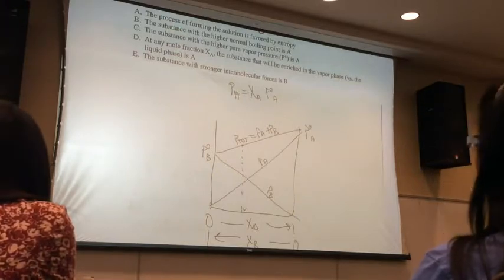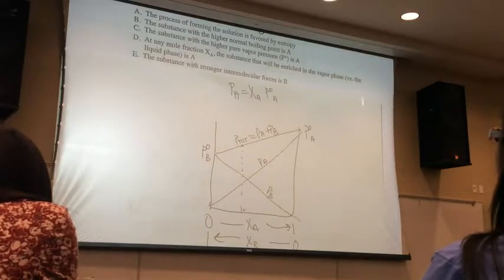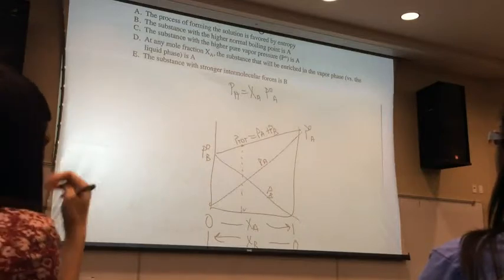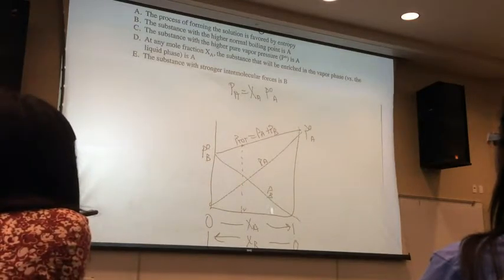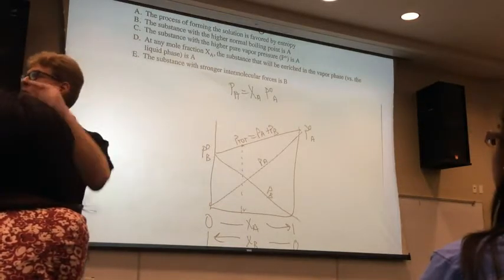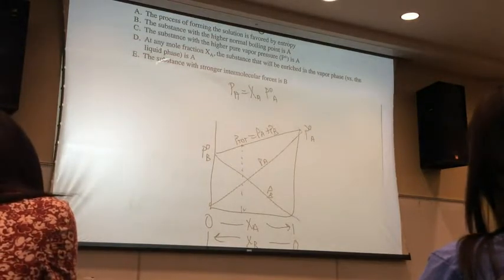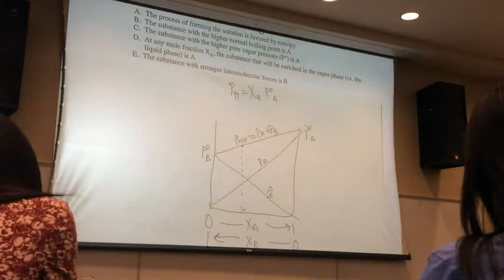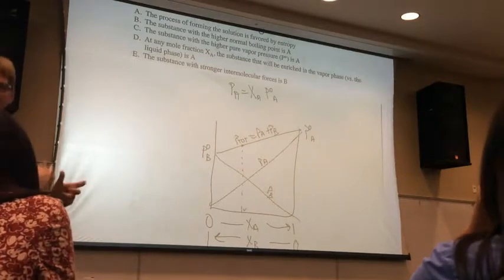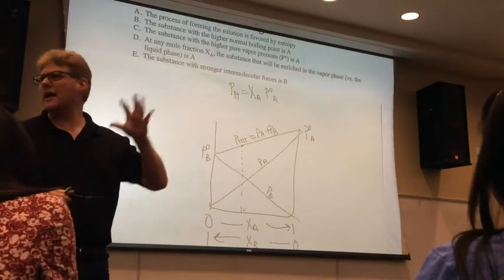D: at any mole fraction that we pick, the substance that will be enriched in the vapor phase versus the liquid phase is A. We just did a whole problem on that. A is more volatile, so at any point we pick, the mole fraction of A in the vapor phase will be bigger than it was in the liquid phase. So that statement is true. And E: the substance with the stronger intermolecular forces is B. Yes, because it has a lower vapor pressure. So B is the one that's not correct. Is that clear for everybody how those work?